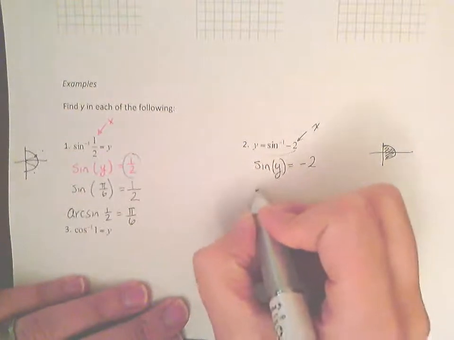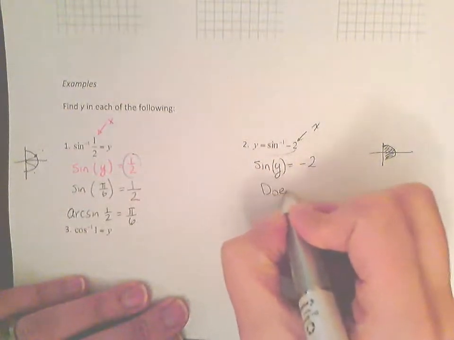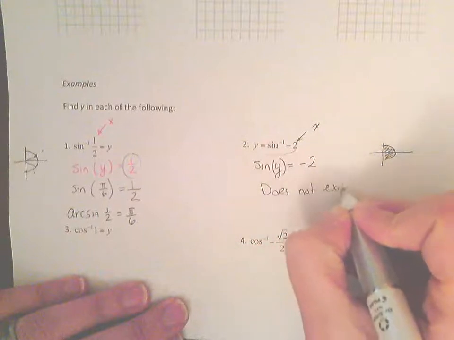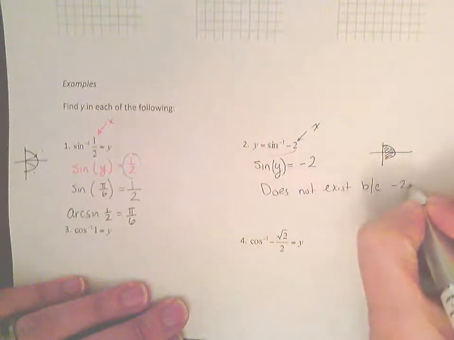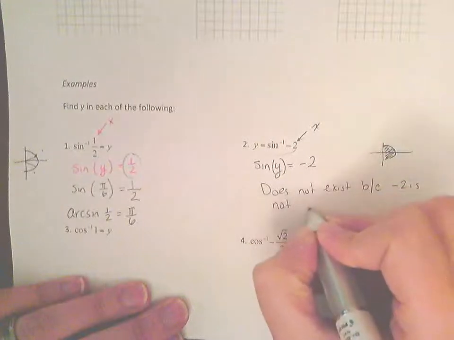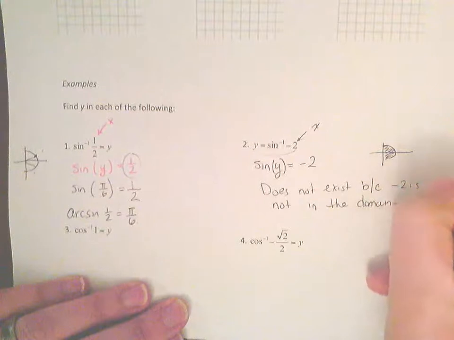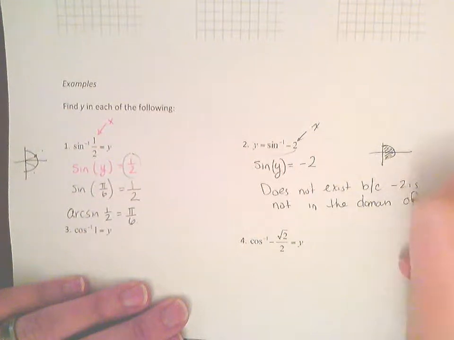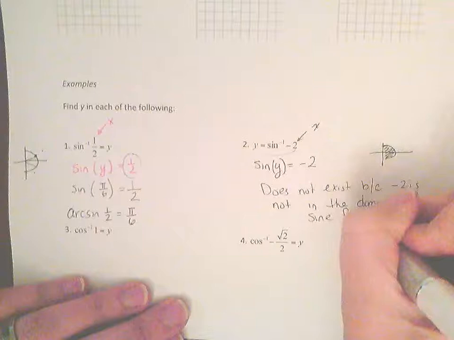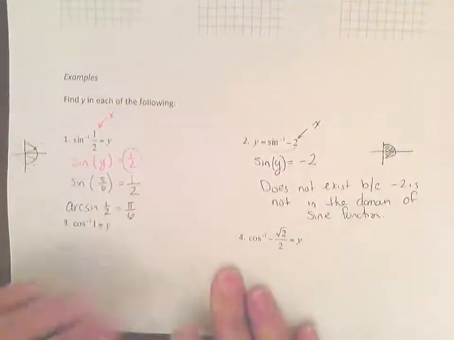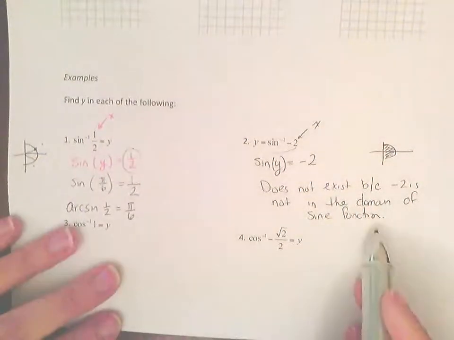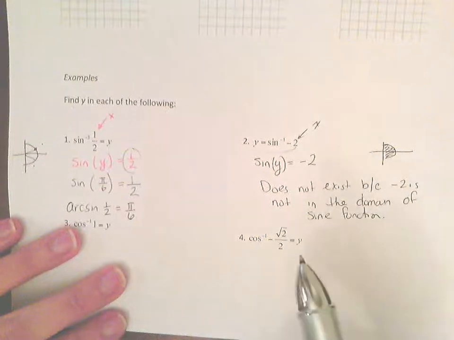So this answer does not exist because -2 is not in the domain of negative pi over 2 to pi over 2, in the domain of the sine function. Now, could it have been in the domain of cosine from 0 to pi?